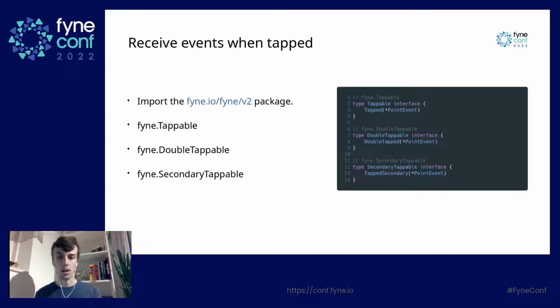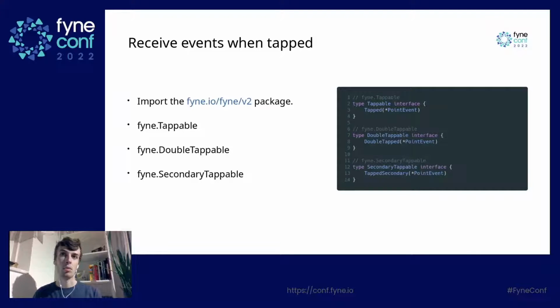Now that we know how we can implement interfaces and then use them, we can get started with some of the basic ones. For example, if we want our widget to be able to receive events when tapped, we can import the fyne.io/fyne/v2 package. And there we have fyne.Tappable, which has a Tapped method.